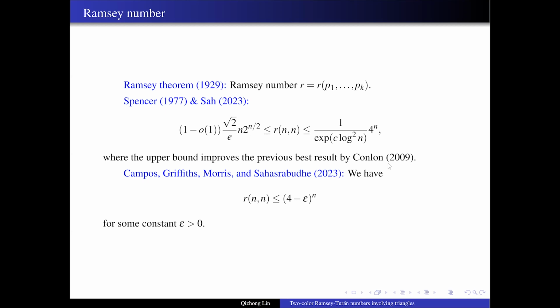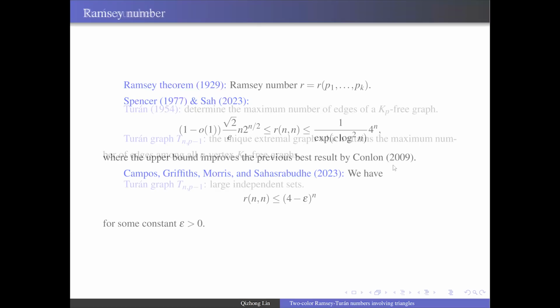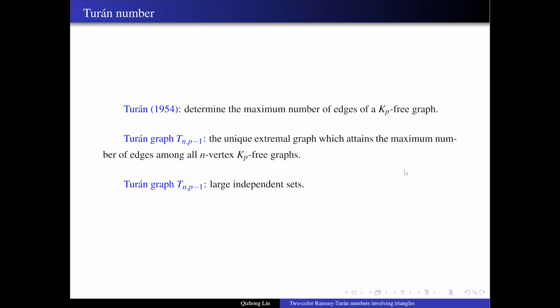Just one week ago, we know that Campos, Griffiths, Morris and Sahasrabudhe gave an exponential improvement over the upper bound. Motivated by Ramsey theory, Turán posed a problem to determine the maximum number of edges of a K_p-free graph.